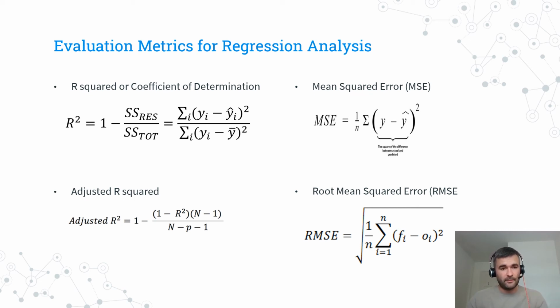The next one, adjusted R squared. This is an improvement on R squared, because the issue with R squared is that when the number of independent variables increases, so does the value of R squared, and that prevents producing a meaningful R squared number.